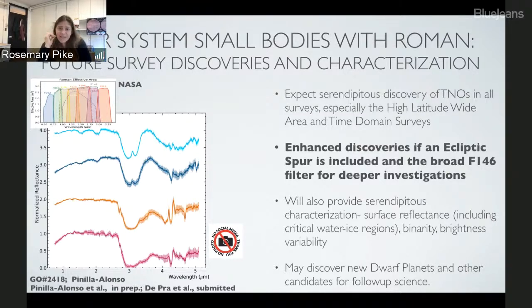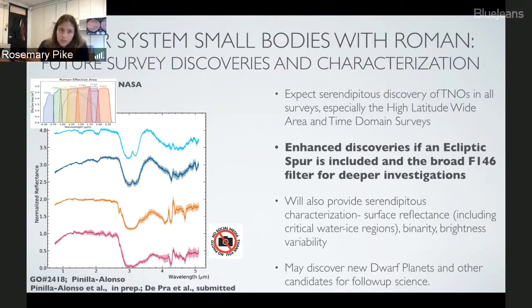We'll get enhanced discoveries, in particular if an ecliptic spur is included in some of these high latitude wide field surveys, and if the broadband filter is used, because we will find smaller things. We also will get serendipitous characterization. So I've put up the Roman filters on the upper left there, and you can see that it covers some of the water ice, but also some of the optical, where, as we discussed previously, the optical colors are correlated with the surface type.